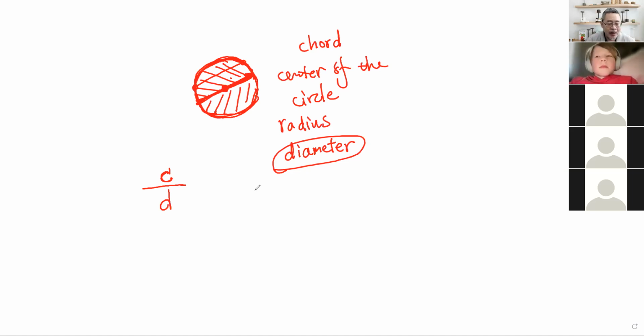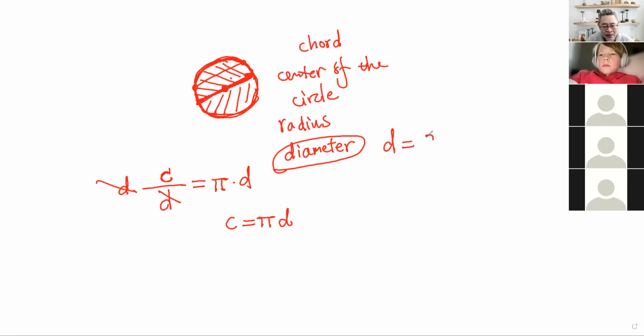So later on mathematicians just called this ratio pi, which is actually a Greek letter. And so now our circumference is equal to pi times our diameter. You can see that if we multiply by D on both sides, D cancels. So the circumference is pi times D. And we also know that the diameter is twice the radius.